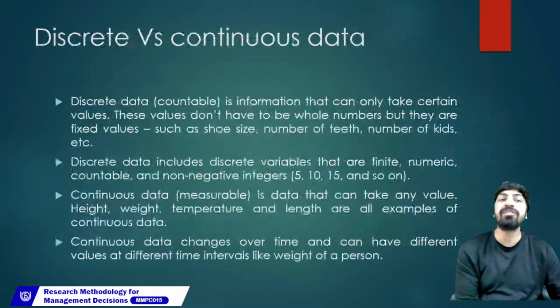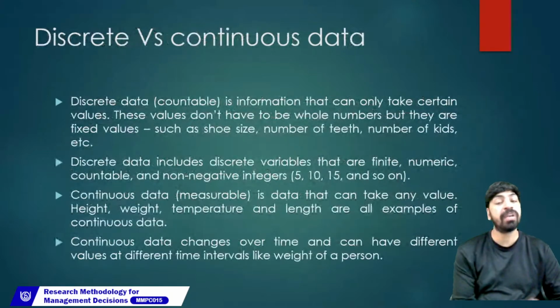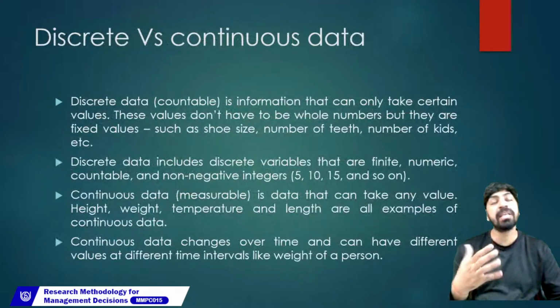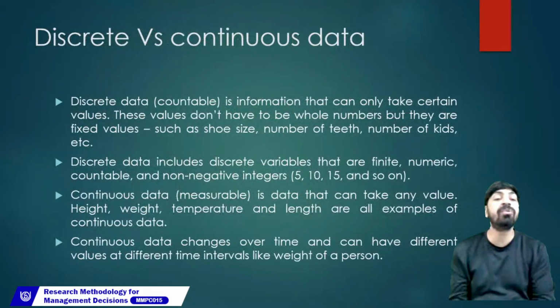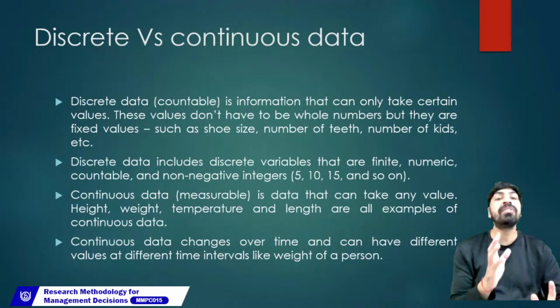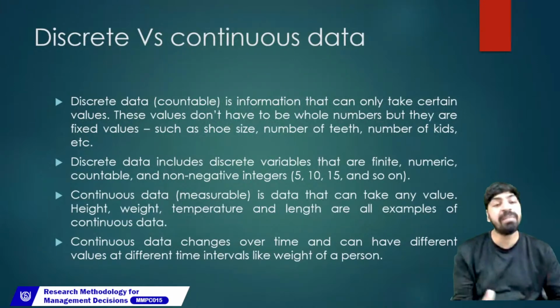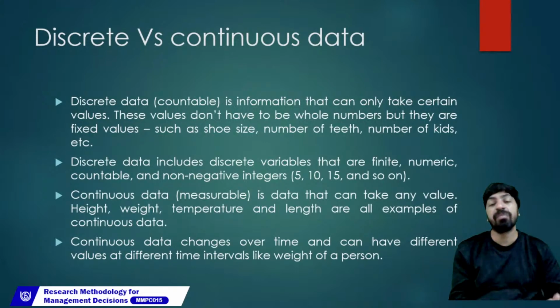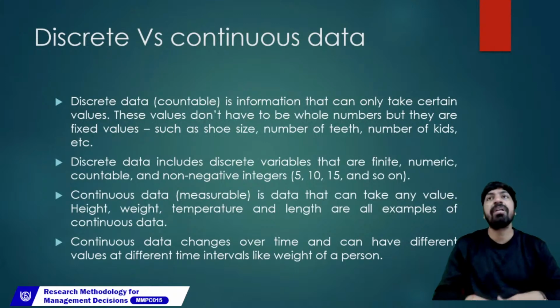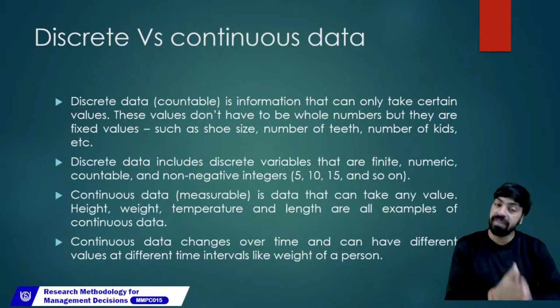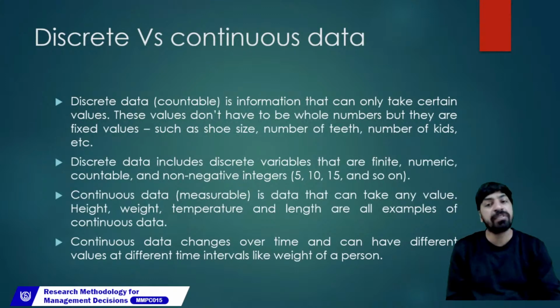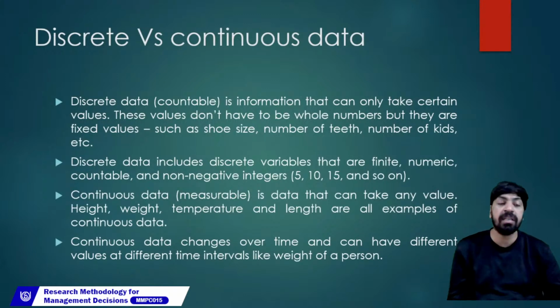Let's talk about discrete and continuous data, which is very important to understand because these types of data will be included in your research project. Discrete data is countable data, which can take certain fixed values, such as the size of shoes, number of teeth, number of kids, number of students in a classroom, or number of schools in a city.